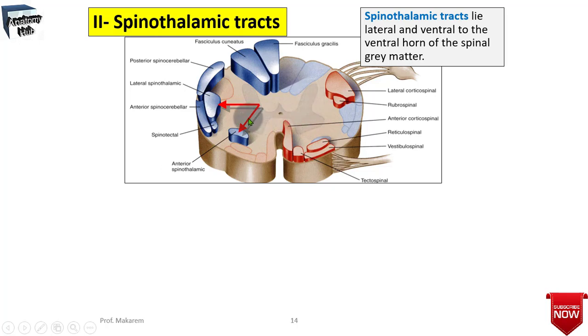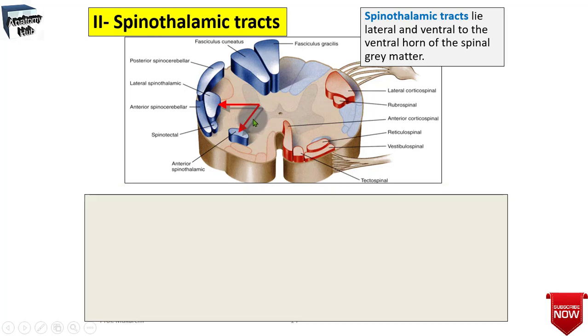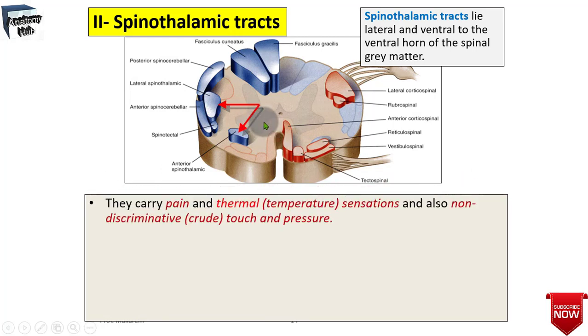So the neurons forming the spinothalamic tracts are a heterogeneous population of cells having variable size, shape and number in different segments in the spinal laminae. So first we'll see the lateral spinothalamic tract.